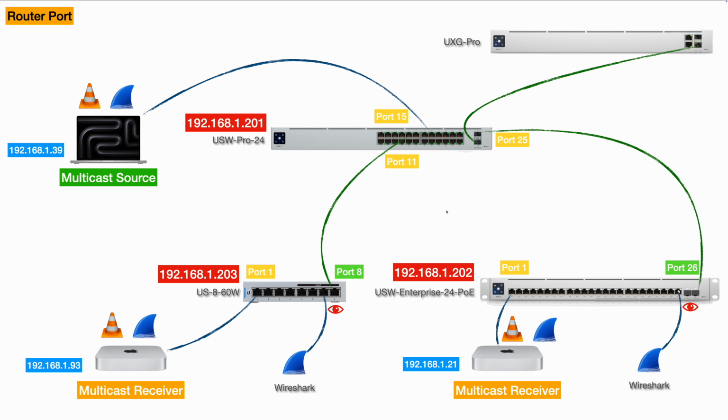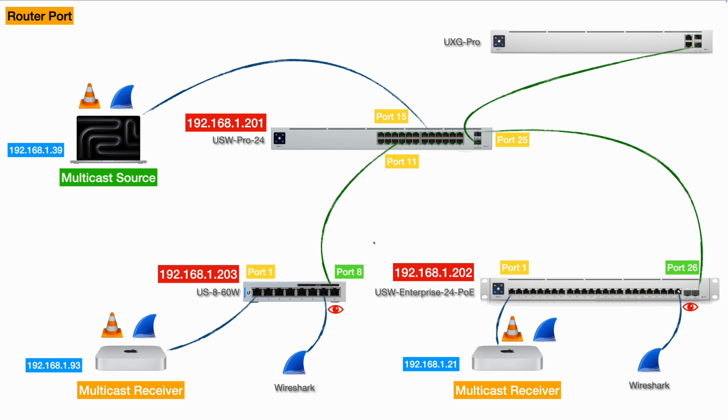When we discussed the router port, we said port 8 for this switch and port 26 for this switch are the multicast router ports, right? Not sure whether you thought of STP, because these two ports happen to be related to STP as well.